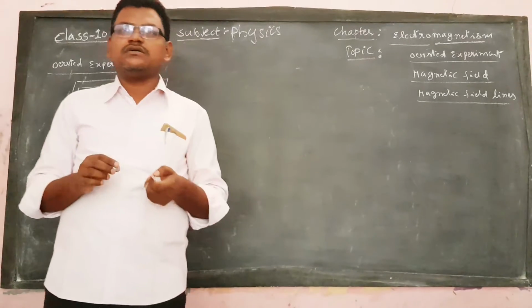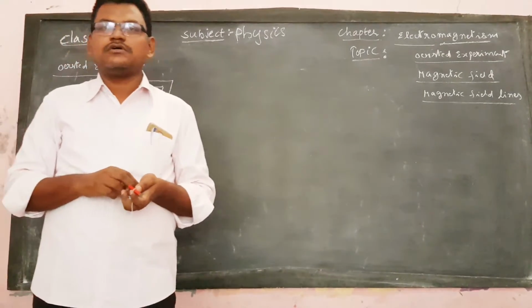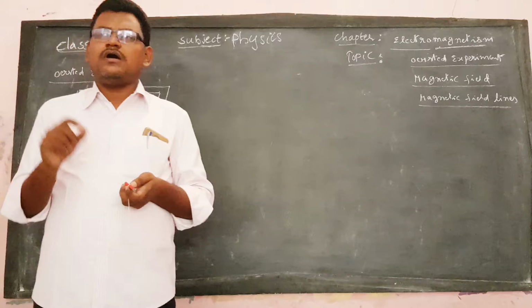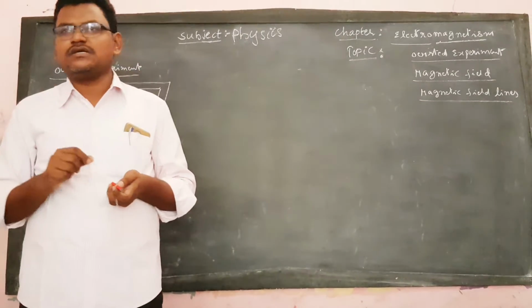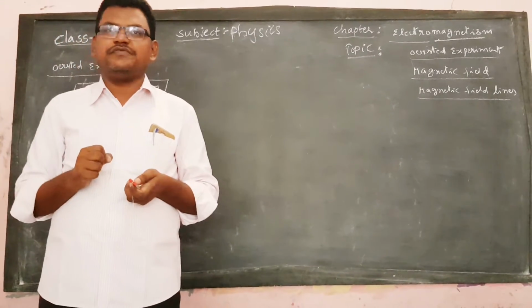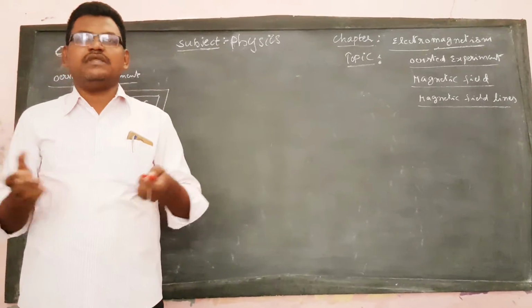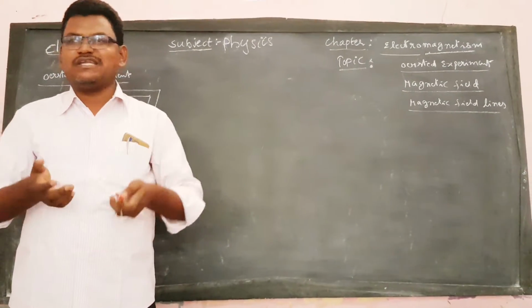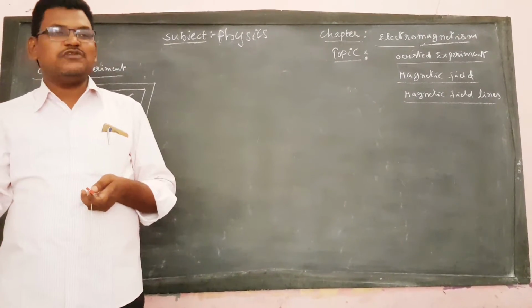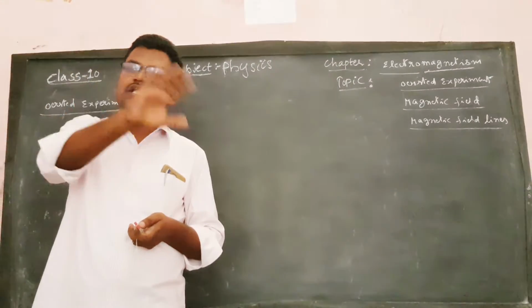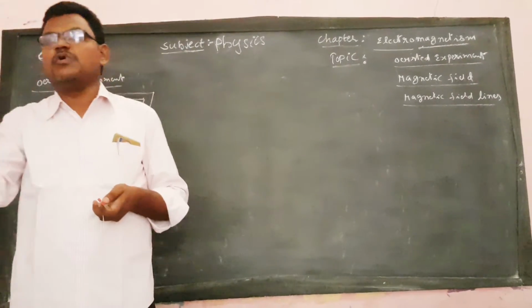So this is the example of force at a distance, or as a field. Already you have studied in your 9th class about the gravitational field, magnetic field, etc. Even if two bodies are not in contact, one body can influence the other body.